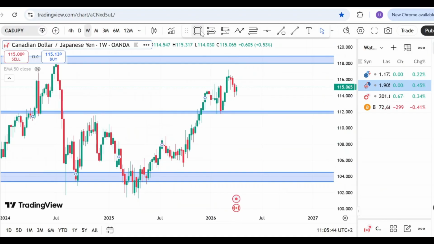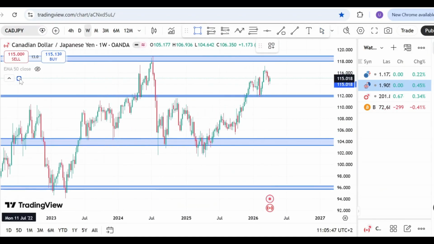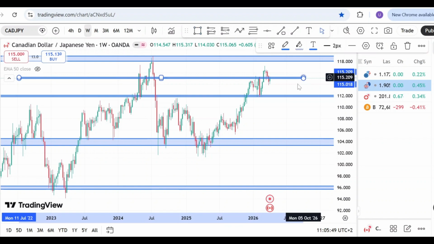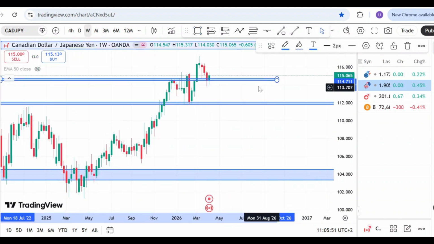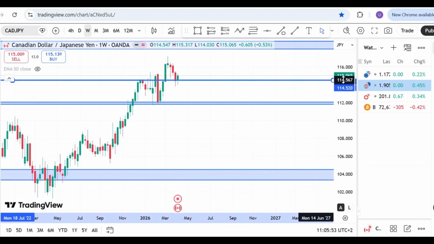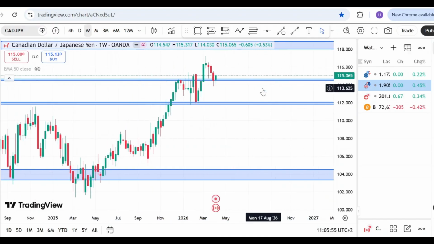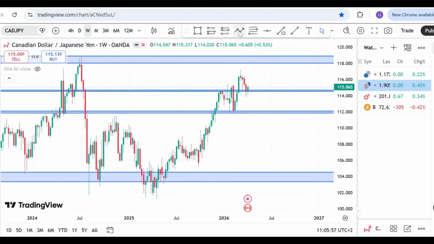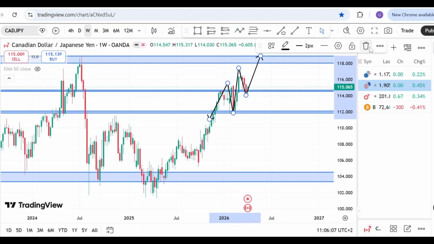But if you look here, we are seeing something like a zone. This zone is like saying higher high, higher low, break of structure, higher high, higher low. We expect the price to keep moving in an uptrend.